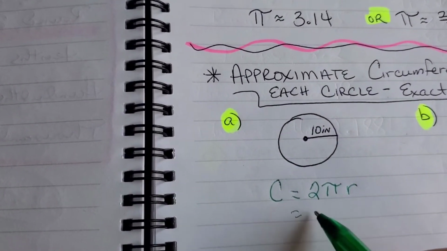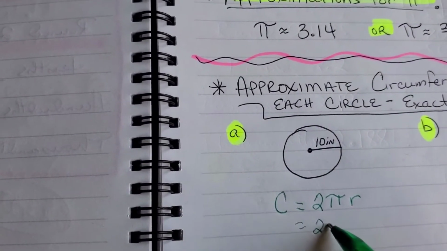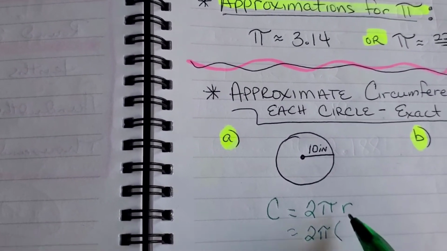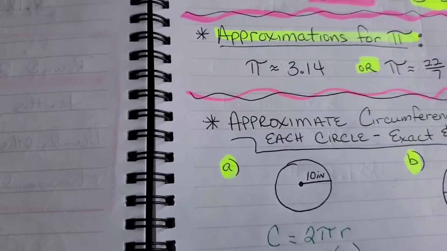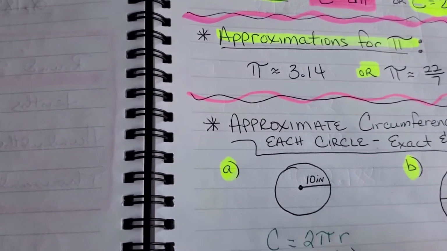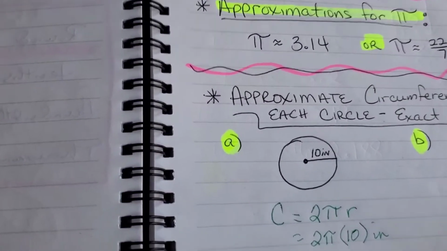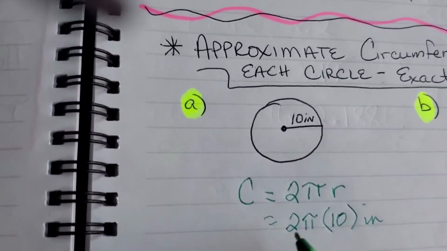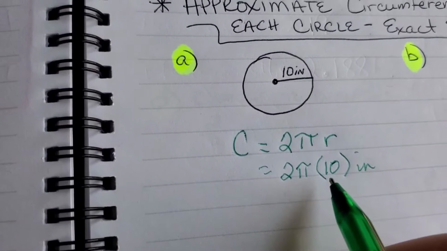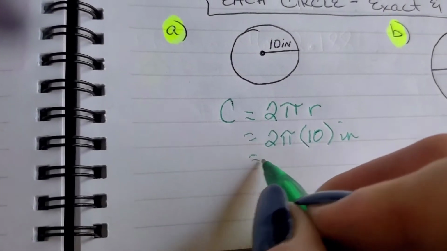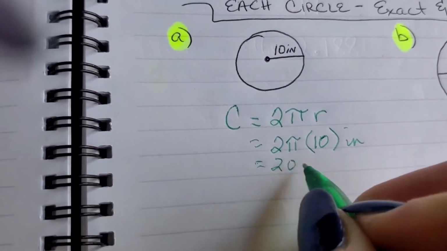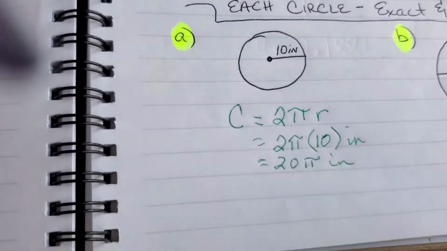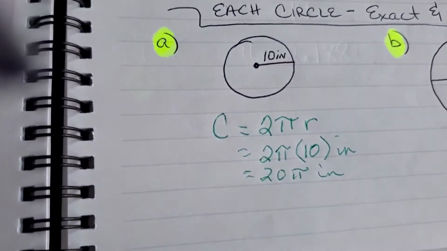We rewrite our 2, rewrite our pi, and for the radius we substitute what they gave us, 10. I'll write the inches on the outside. For our exact answer, all we do is multiply 2 times 10 and we get 20. Keep the pi, keep the inches. That is our exact answer.